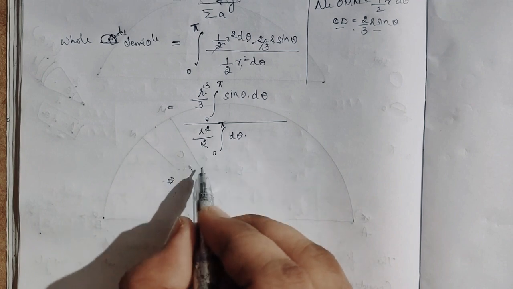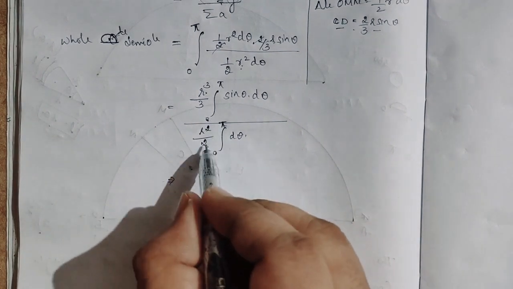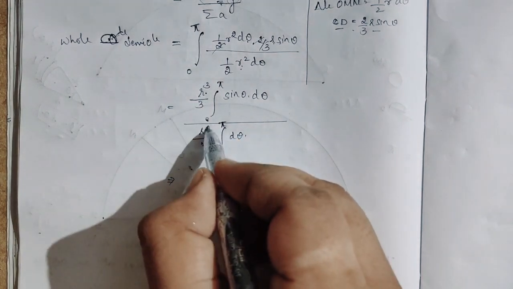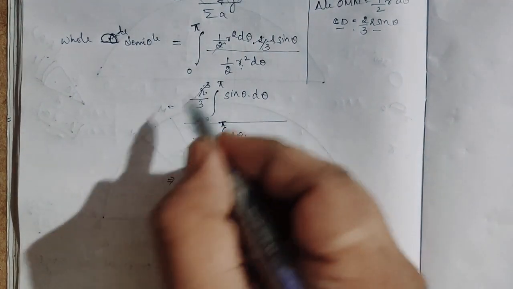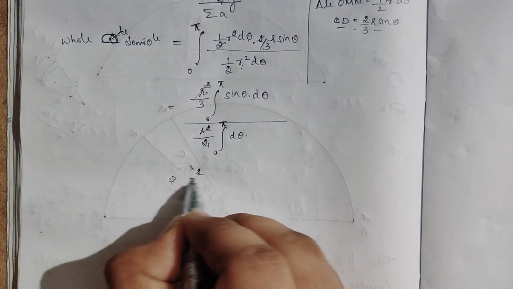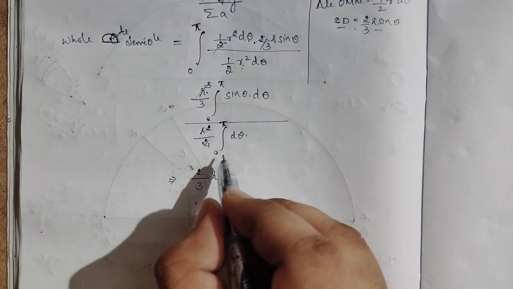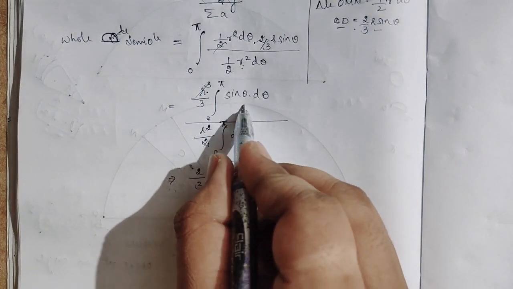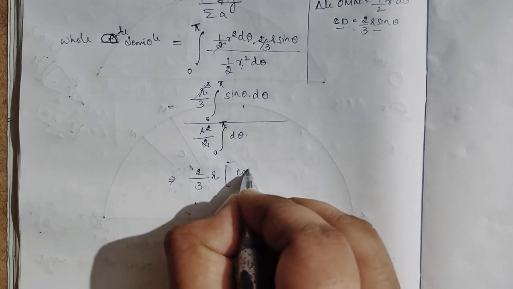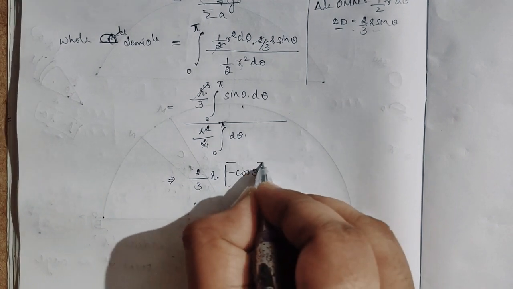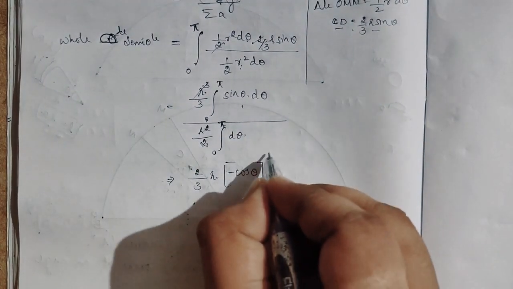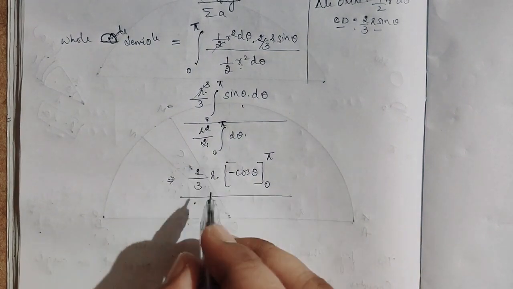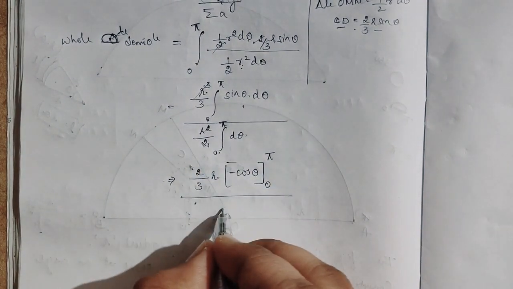Then what happens? This r cube by 3 and this r square by 2, I can cancel. When cancelling, it will be 2 by 3, and one r will remain, into sin theta. Integration of sin theta is cos theta, but it is negative. So 0 to pi is the integral of sin theta, divided by 0 to pi of d theta.